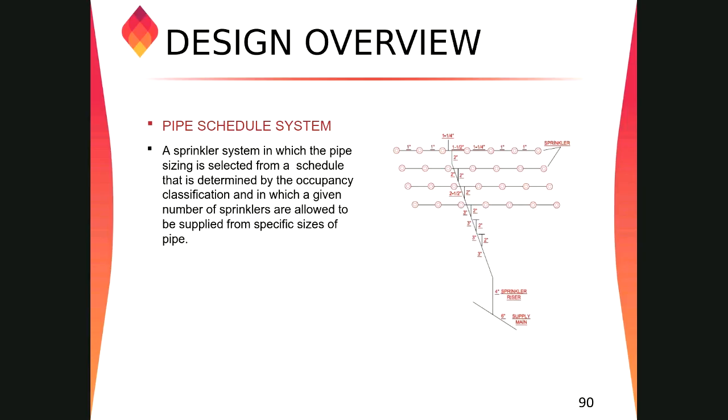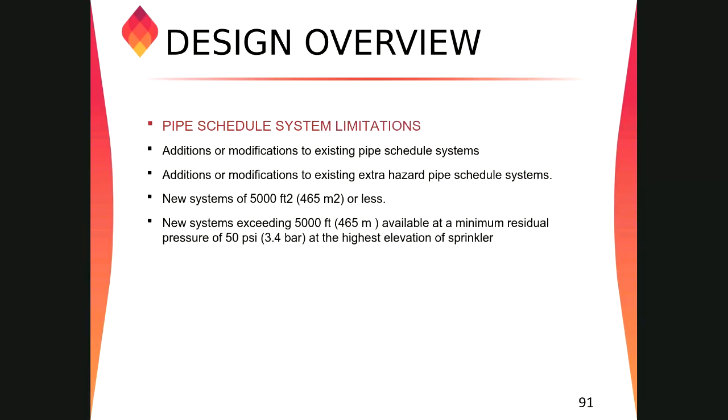So there are limitations for using the pipe schedule system. Normally, the pipe schedule system shall be permitted in the following conditions. If there is any kind of addition or modification to an existing pipe schedule system. So there is a system already existing and you want to modify it for some extension or modification. We can use it in that case.